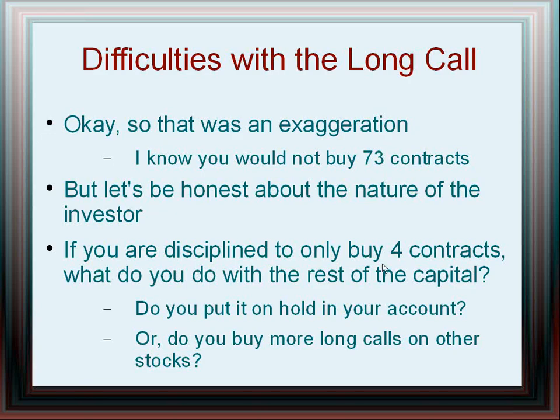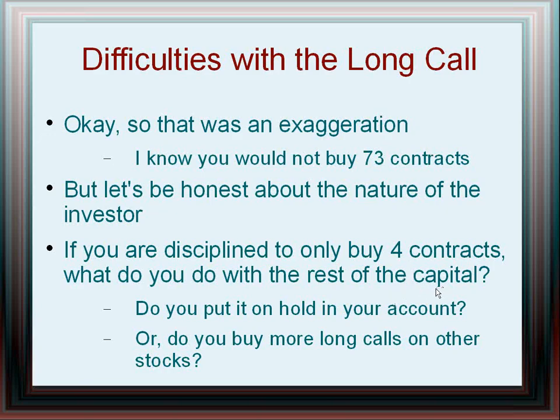If you are disciplined to only buy 4 contracts, remember I'm buying 400 shares, buying 4 puts, risking only $932, all right? So if you're disciplined to just go in and buy 4 contracts at $2.30, well, you've only got a risk of about $920. You've got a lower risk.